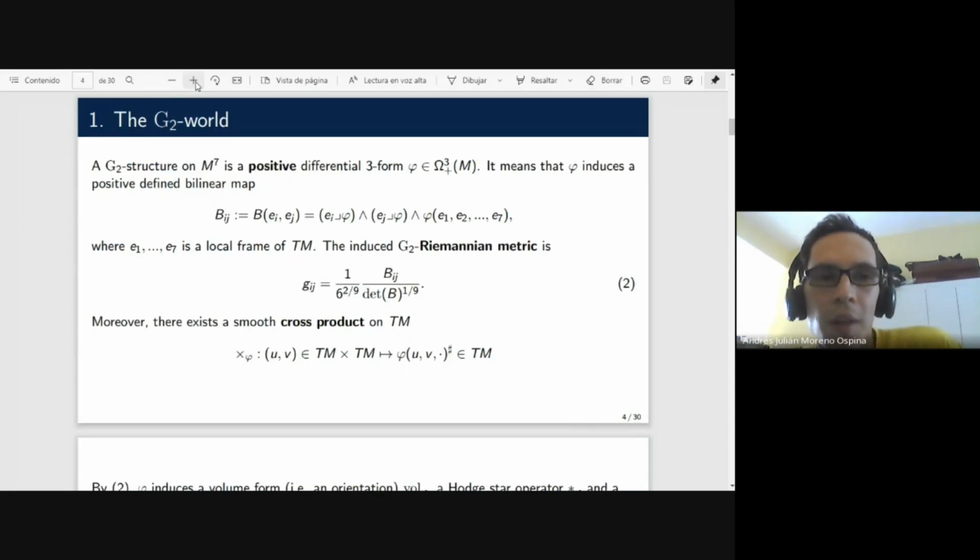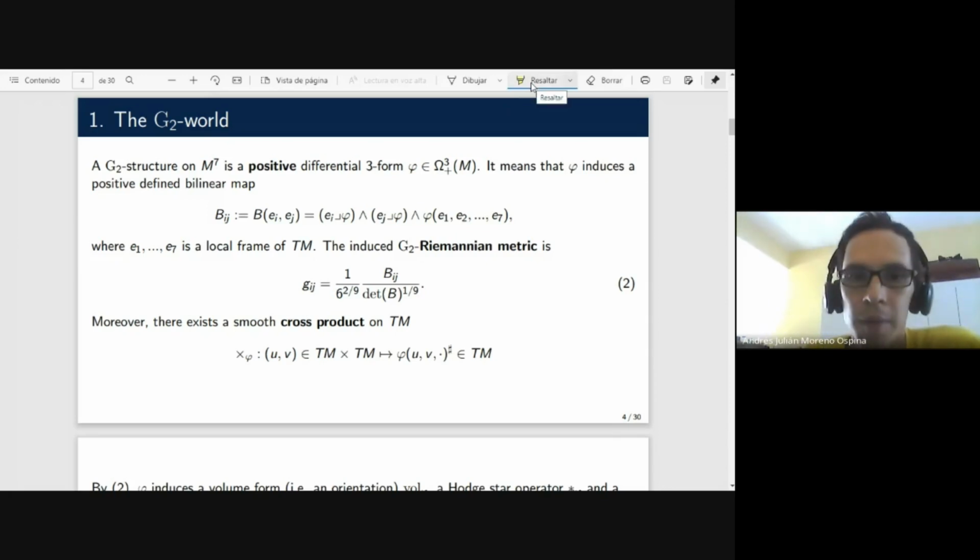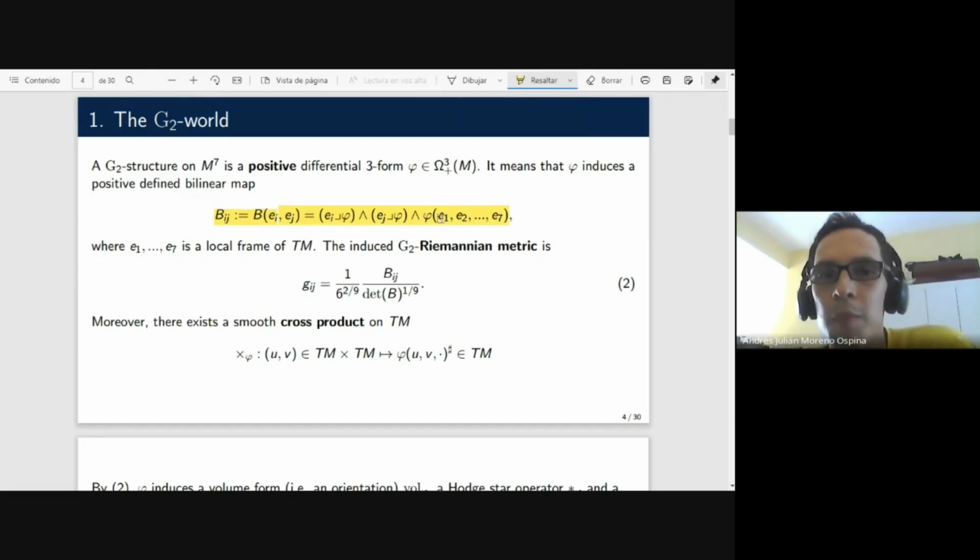Okay, so about G2 geometry, we consider a G2 structure as a positive differential 3-form on the manifold. The word positive here means that the 3-form induces a bilinear form which is positive definite.